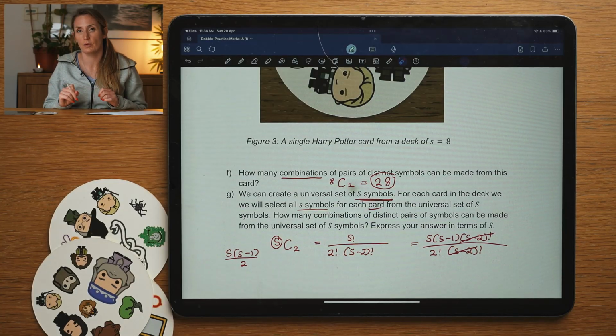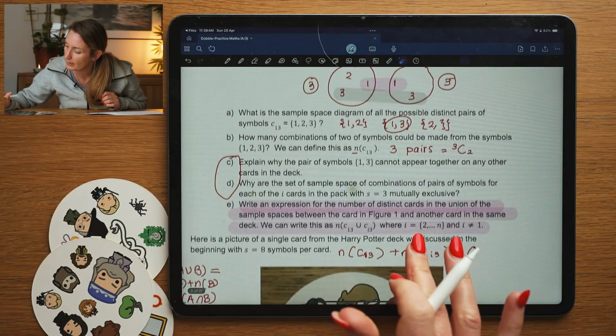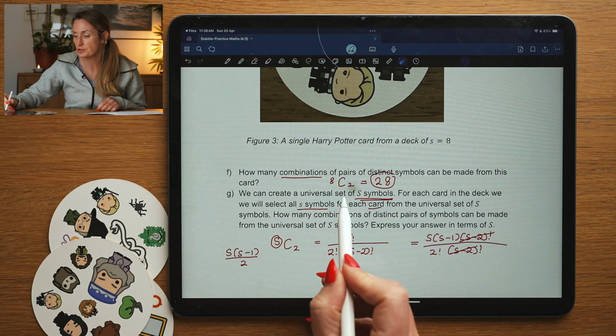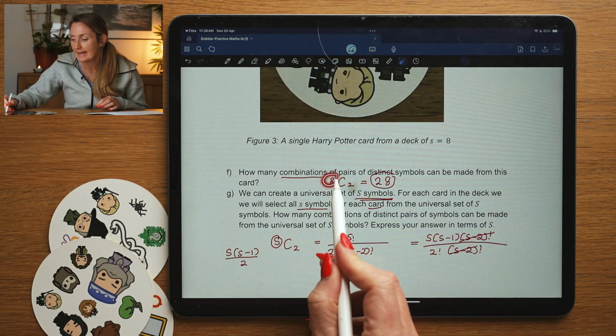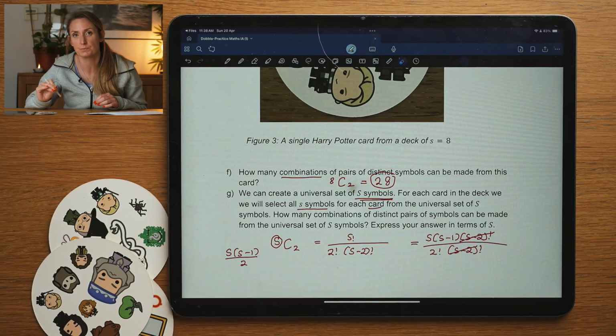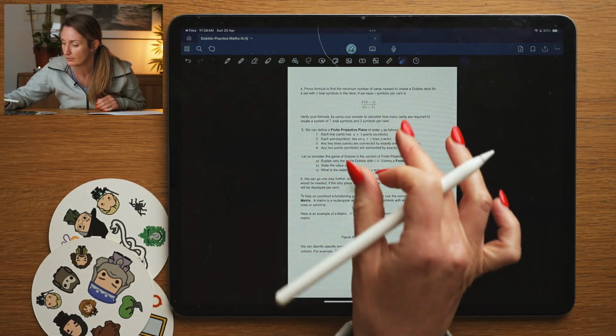We also know that each card, and again, using what we learned up here, has, in this case, 3 choose 2, or little s choose 2, number of pairs on that specific card. So that's 2 really important pieces of information that we have moving forward.